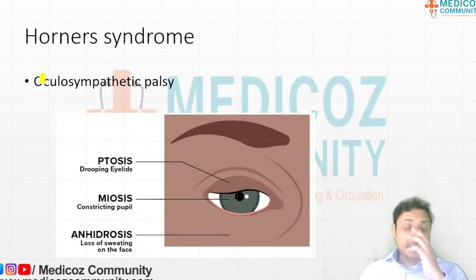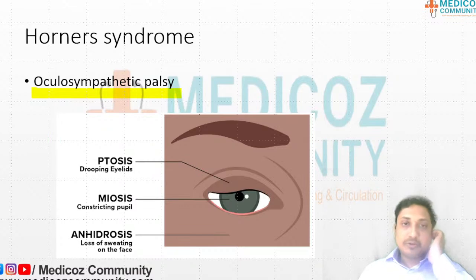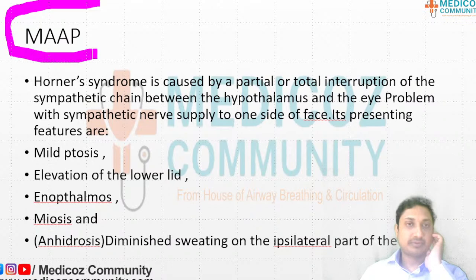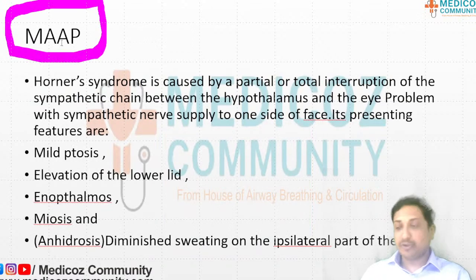So basically, what is Horner's syndrome? Horner's syndrome is oculosympathetic palsy. You can remember it with a mnemonic, MAP. As you can see in this figure: ptosis, miosis, anhidrosis, and anisocoria.